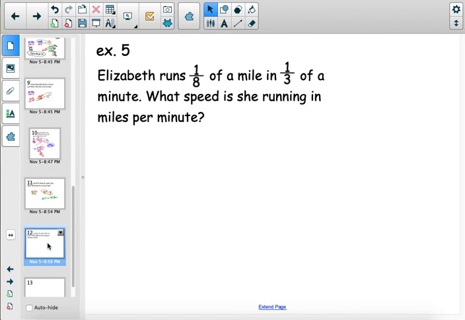Don't come up to me trying to say unit rate. I'm specifically going to look for this example if you come up: show me the unit rate examples with fractions. We're going to spend more time on examples like this, but I just wanted to show it to you.